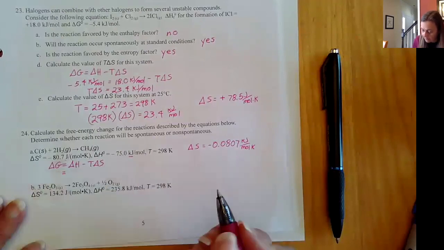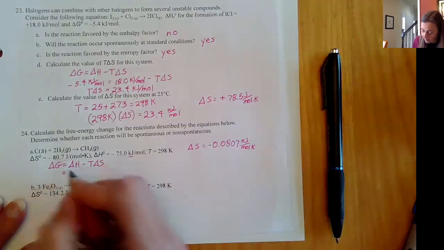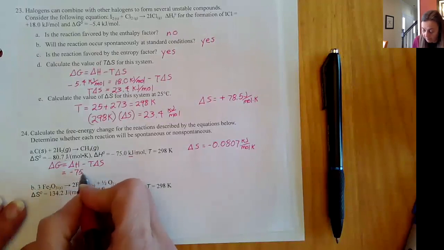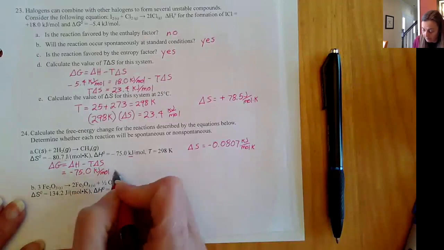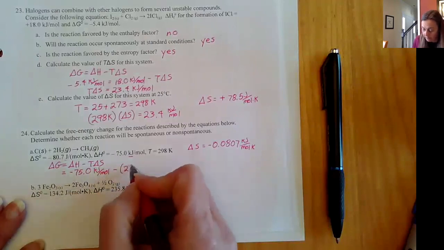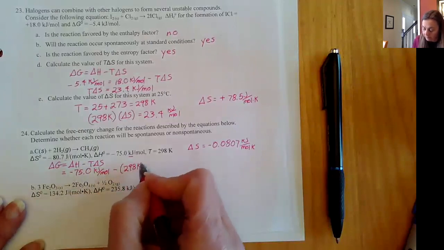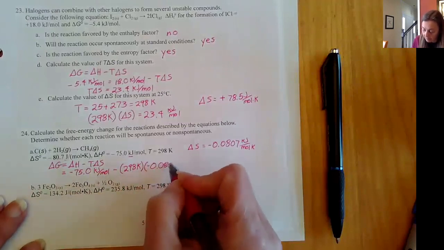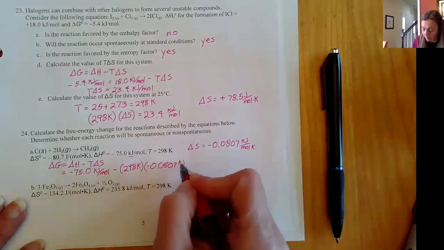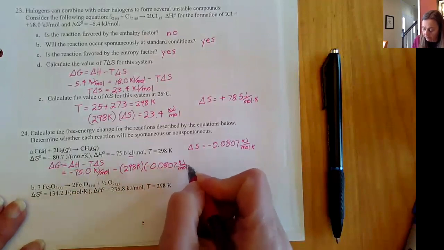So delta G is equal to negative 75.0 kilojoules per mole minus 298 Kelvin times negative 0.0807 kilojoules per mole Kelvin.